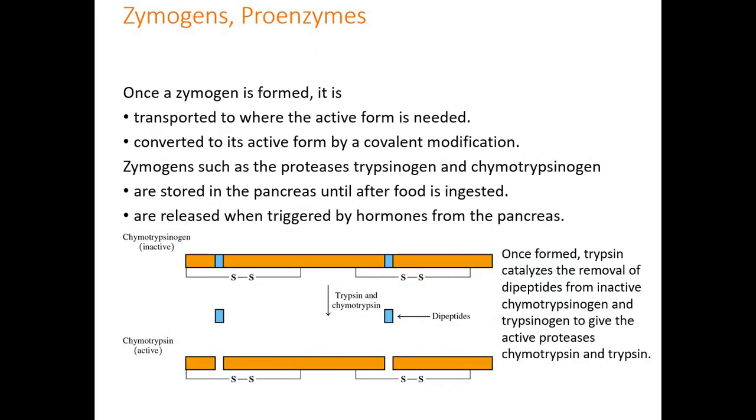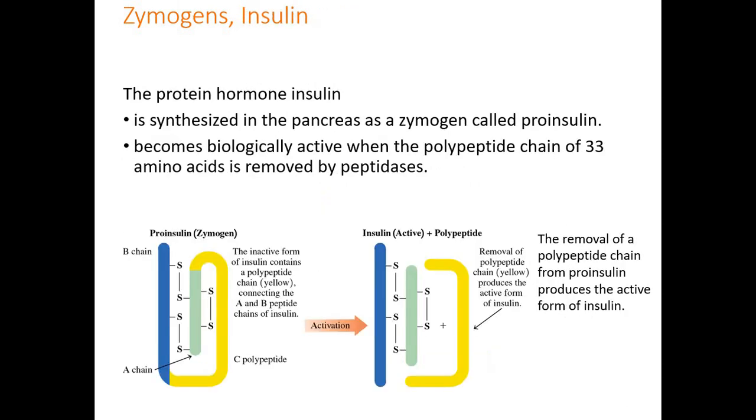Okay, so what happens is that once a zymogen is formed, it's transported to where the active form is needed. So it's not produced in its active form. Okay? So let's have this example. The hormone insulin. Remember we've had insulin in the carbohydrate lecture.